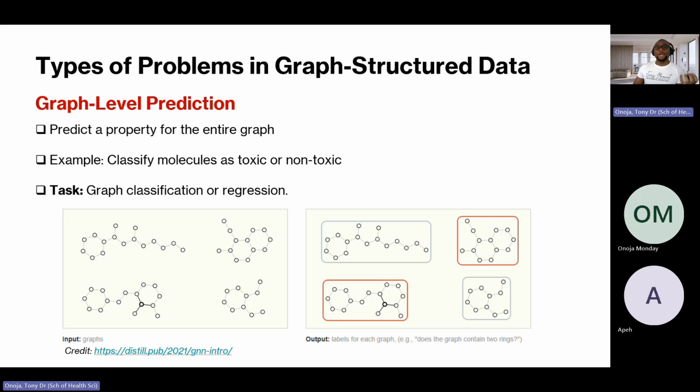So the first problem that you will likely encounter is trying to use graph neural networks for graph level prediction. When we talk about graph level prediction, we are talking about predicting the entire property of the graph.